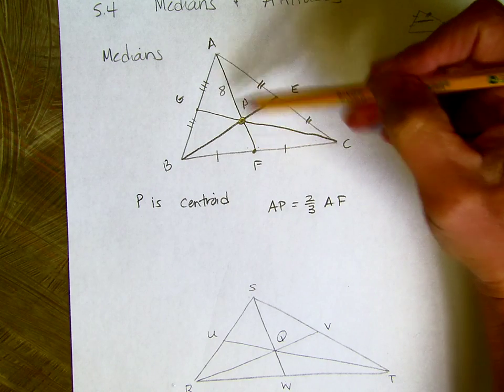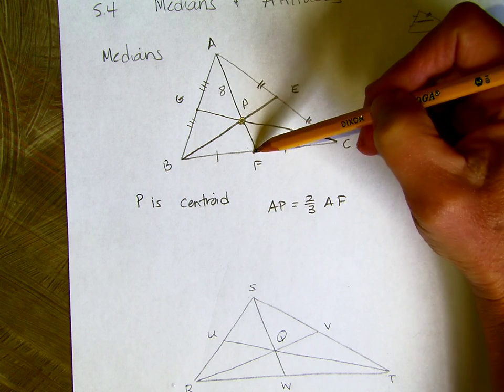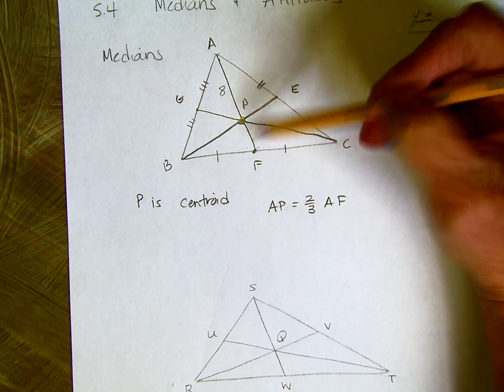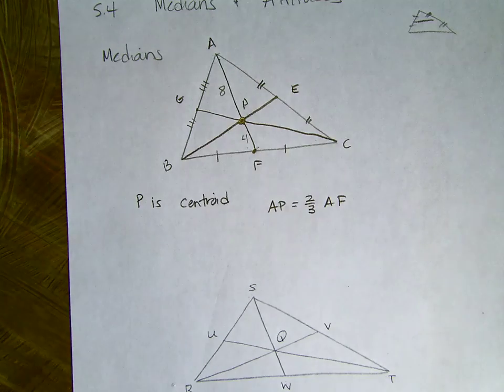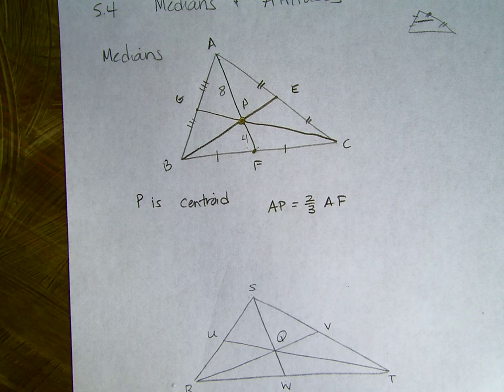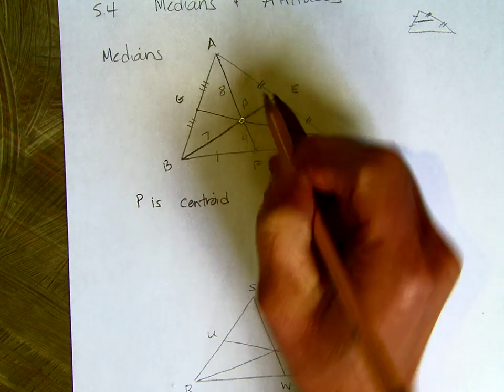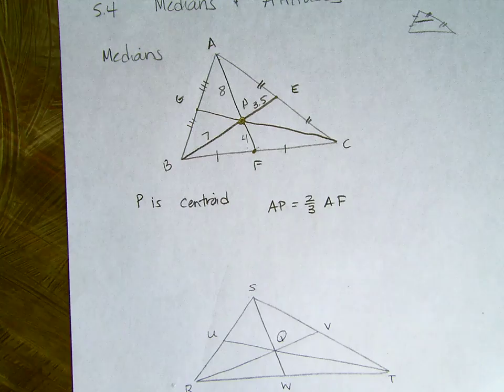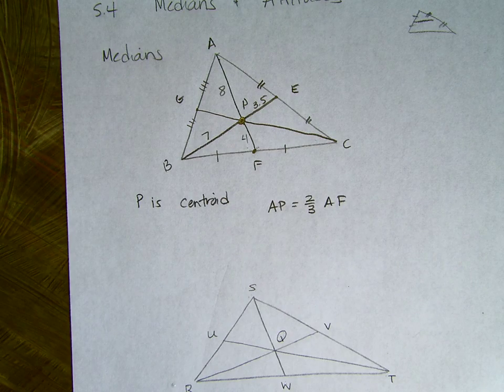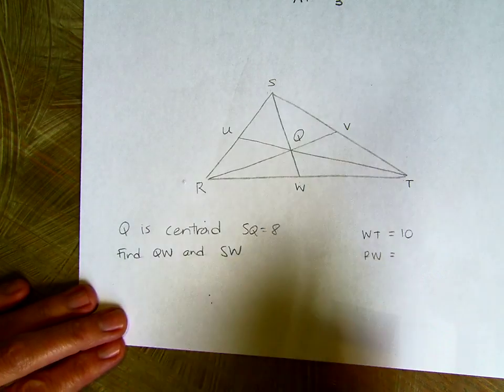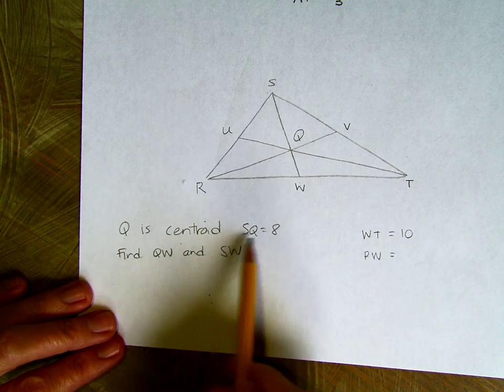So if this is 2/3 and this is 1/3, this has to be twice as big as that. So if this is 8, this has to be 4. For example, if this was 7, it just has to be twice that, 3.5. I feel like that's an easier way to measure it.